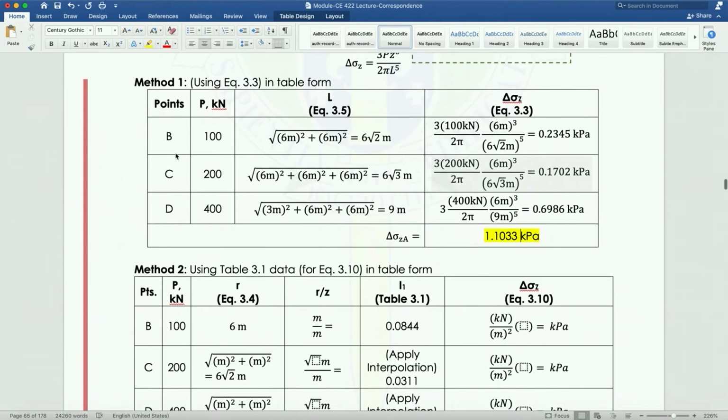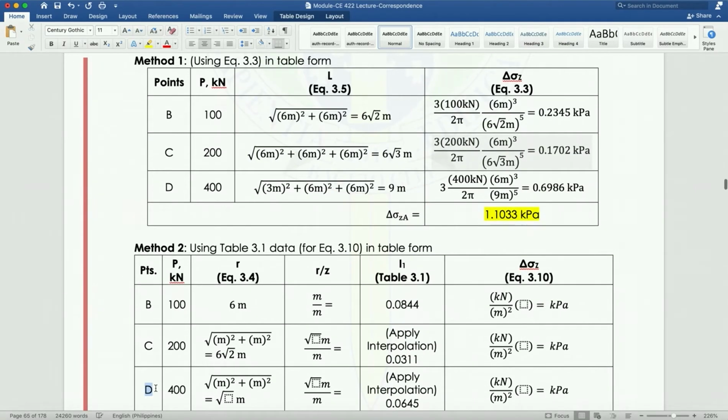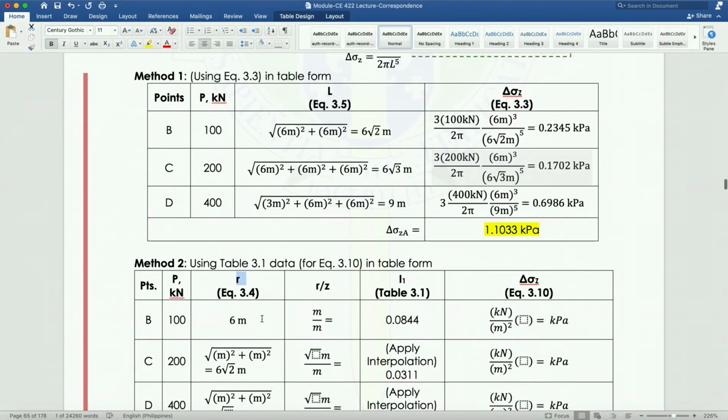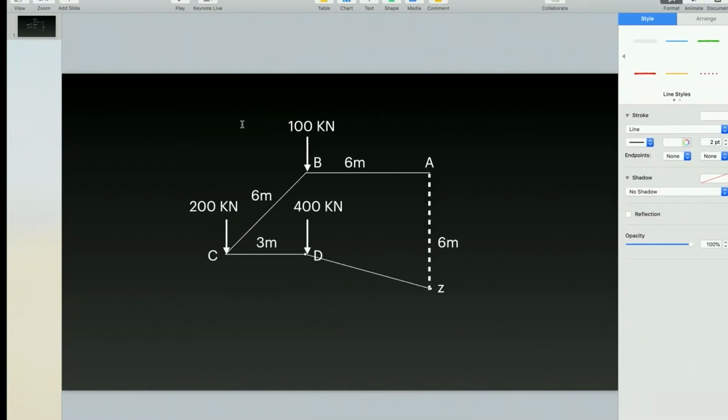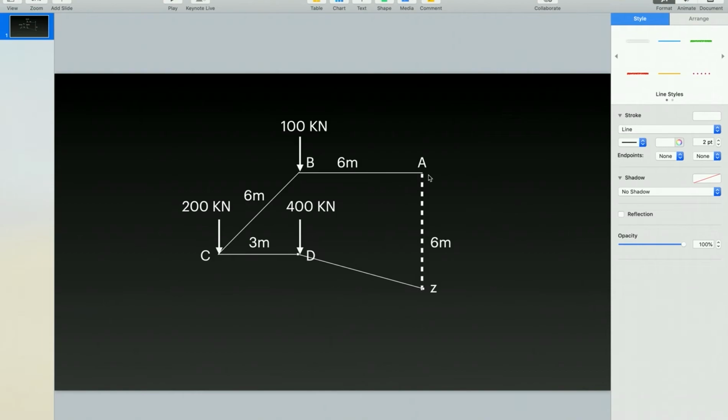So what are the components of the column? We have the points: point B, point C, and again we still have point D. Then we have here the R. So how are we going to solve for the R? The R is simply the shortest distance of the point of origin to point A, or to the point below the location that we are looking for.